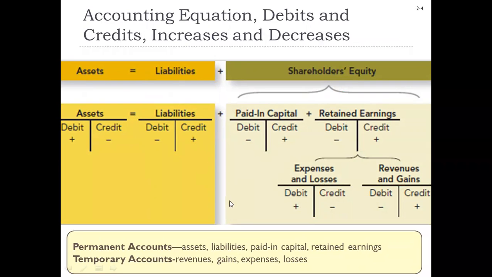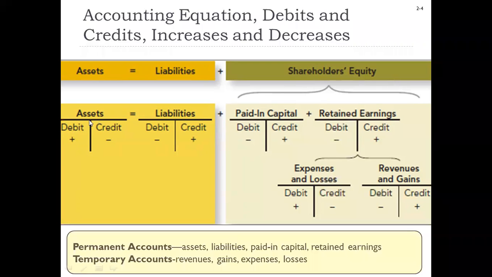Okay, you remember the rules of debits and credits. So when do you debit an account and when do you credit an account? So here's our accounting equation, assets equal liabilities plus stockholders' equity or shareholders' equity. And that's broken out into T accounts.